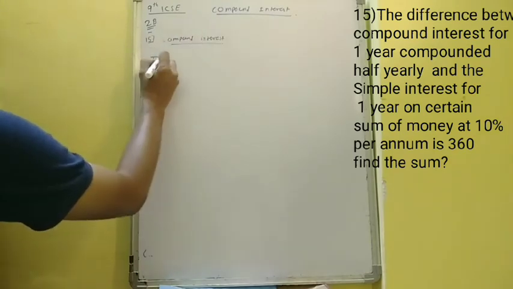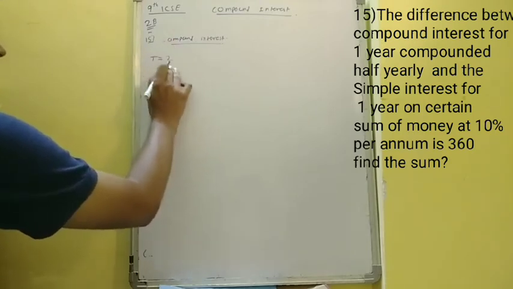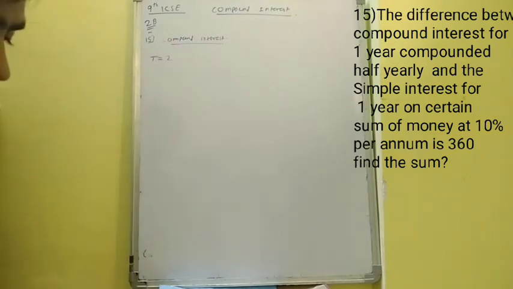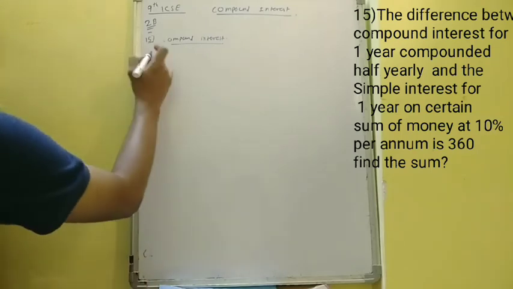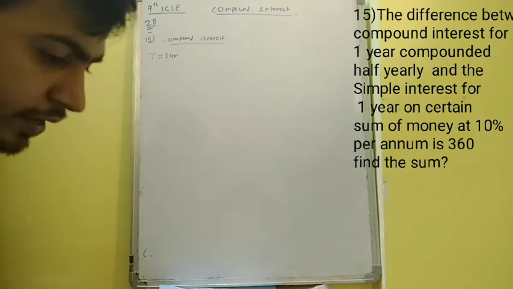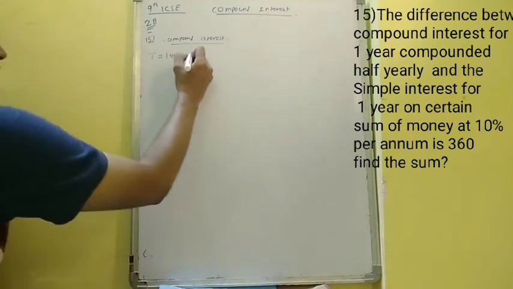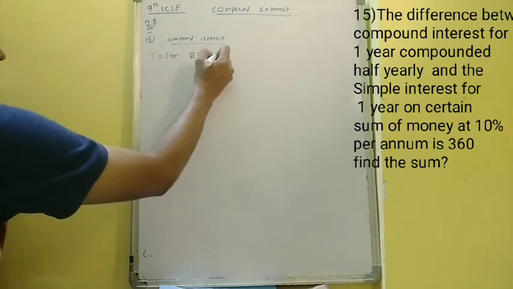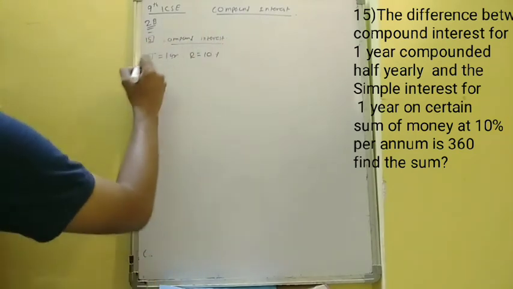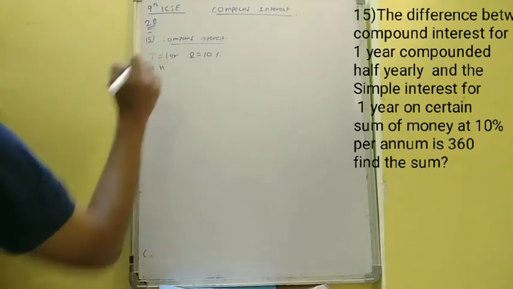The time is 1 year, but I will take 2 because it is compounded half yearly. First I will write the original one. 1 year, rate is 10%. And I don't know about the principal. I take the principal as x.